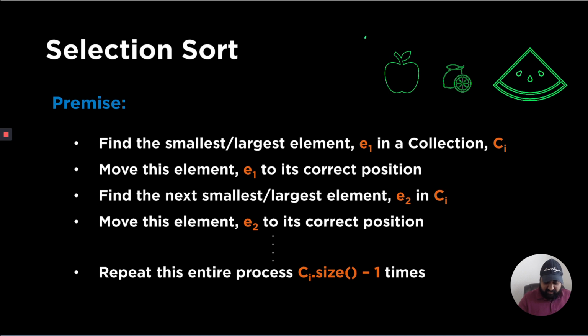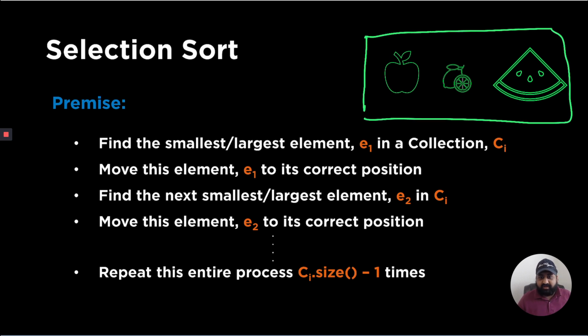So let's say we have a collection that consists of some fruits, including an apple, a lemon, and a watermelon, and we are going to sort this collection by the size of the fruit. In this case, lemon is the smallest. We move lemon into its correct position. Next, we find the next smallest, which is apple. We move that into its correct position.